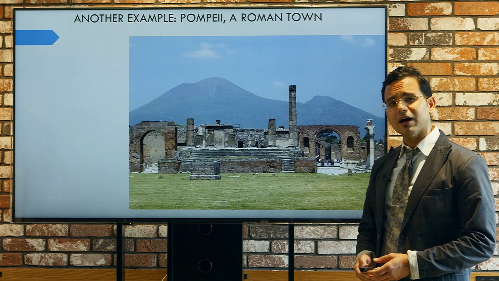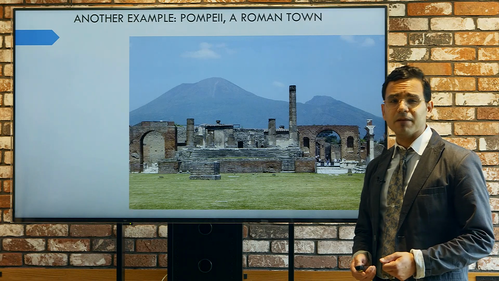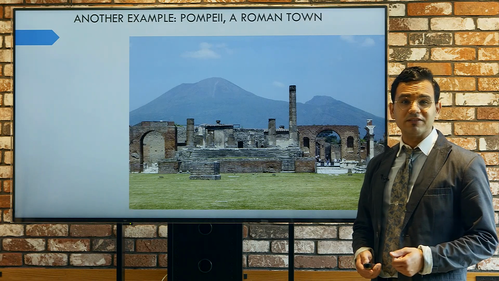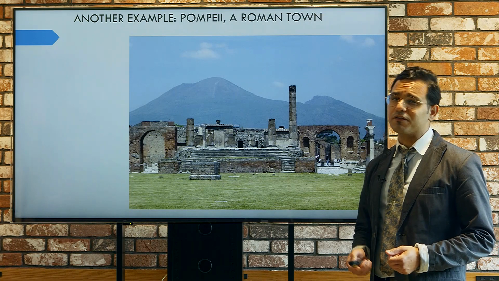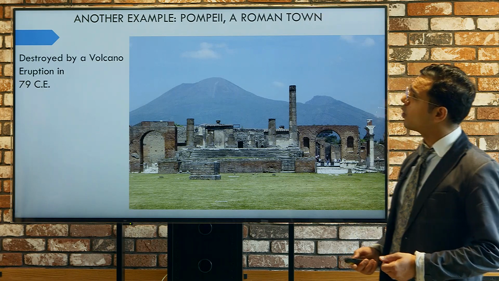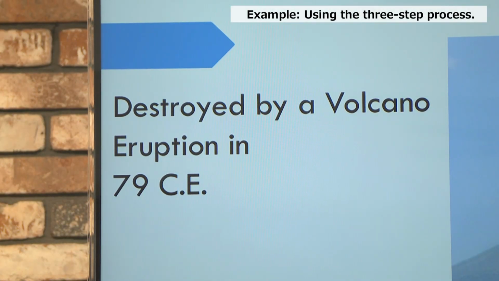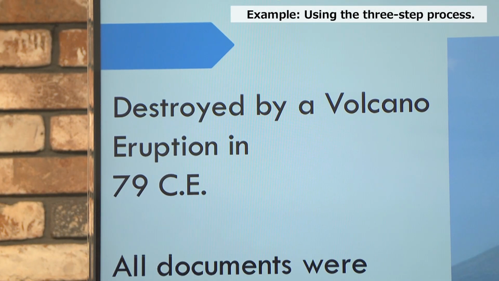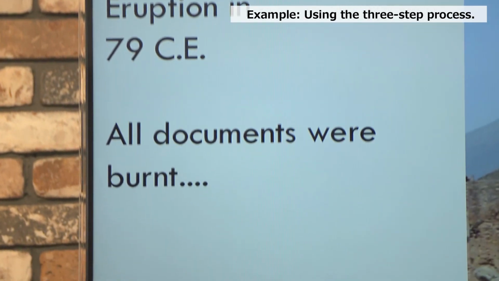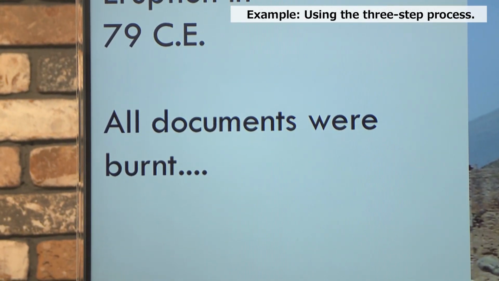Okay, I'll give you another example, this time from Pompeii, a Roman town. Pompeii is very famous because it was destroyed by a volcano eruption in the year 79 CE. All the documents were destroyed in this volcano eruption, Mount Vesuvius.